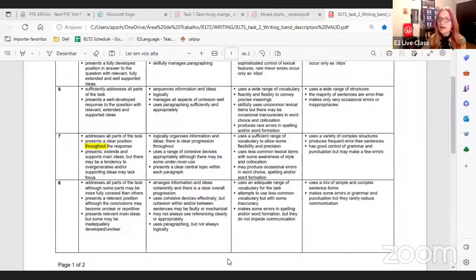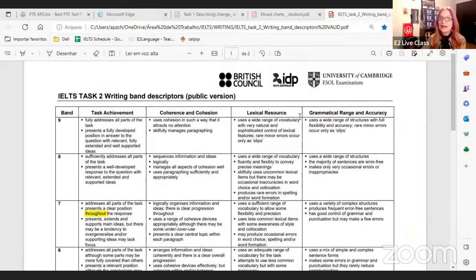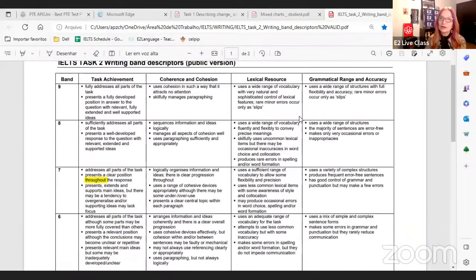Here we go. Let me share. I'm going to bring up now the band descriptors. These are the band descriptors. The band descriptors include the content that you should include in your writing to get a good score. And if we take a look here at the band descriptor for a 7, it says, presents a clear position throughout the response.